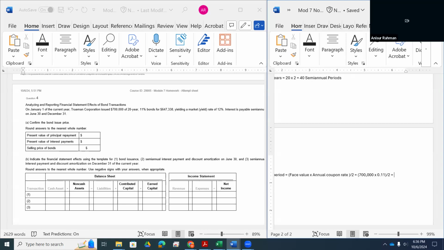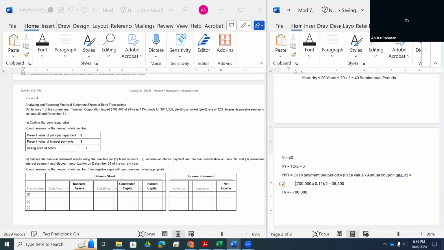Now, the company borrowed money, so the coupon payment will also be a negative amount for this company. So I'll enter a negative sign.